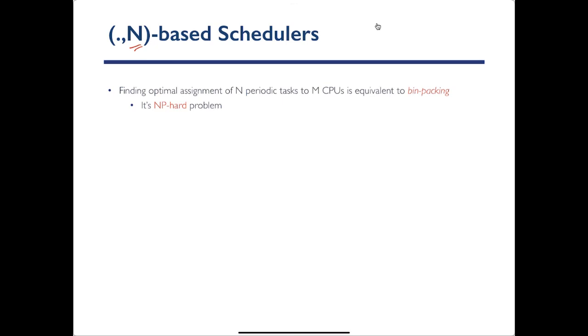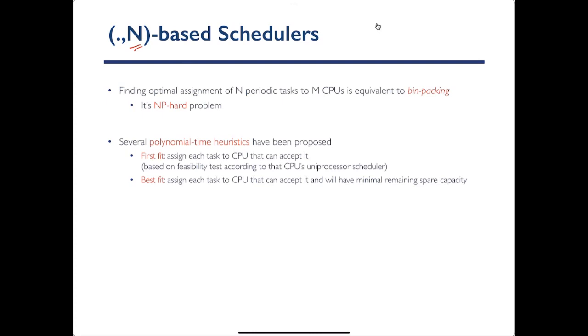If you do not allow migration, meaning that you're going to fix tasks to CPUs and all the jobs from the same task are going to run on the same CPU, then you can show that finding an optimal assignment, so an assignment that meets the deadlines with this scheduling policy, is going to be NP hard. So finding a feasible schedule is going to be NP hard. And this doesn't depend on how you're setting the priorities.